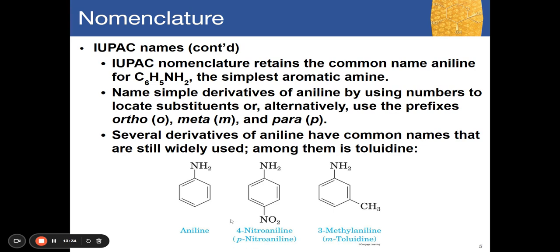So how would you count if you see a substituent in a benzene ring? You'll count, whether clockwise or counterclockwise, to which side would give you the lowest number. But since it is at the middle, if you count clockwise or counterclockwise, it will still give you the same number, right?